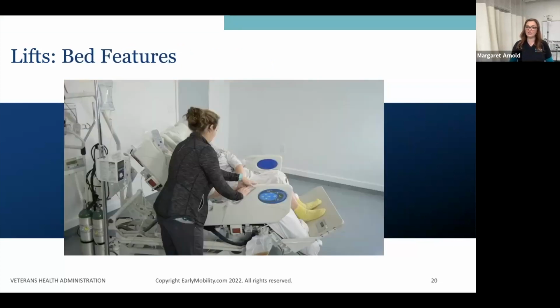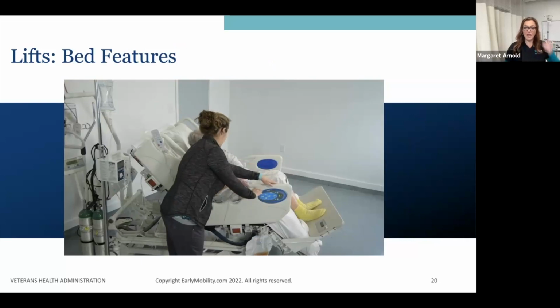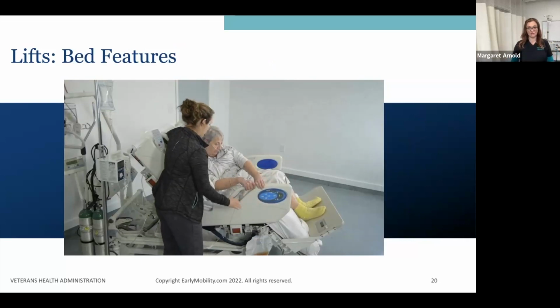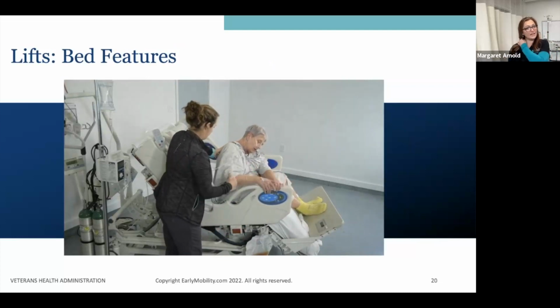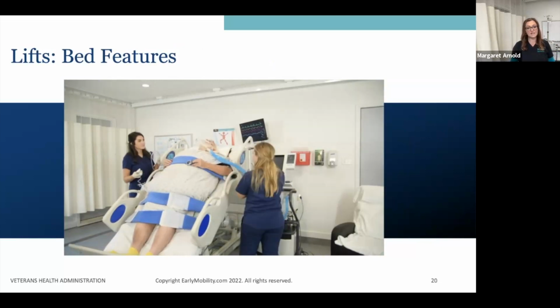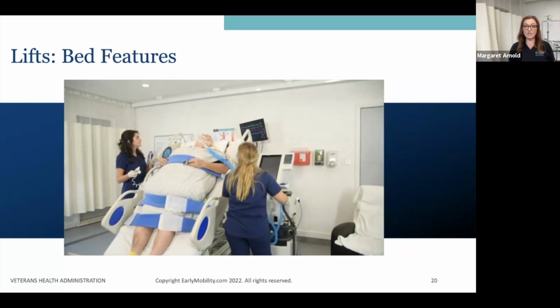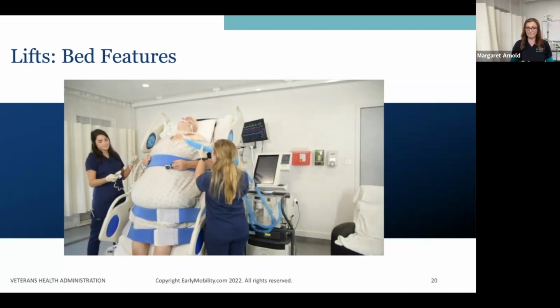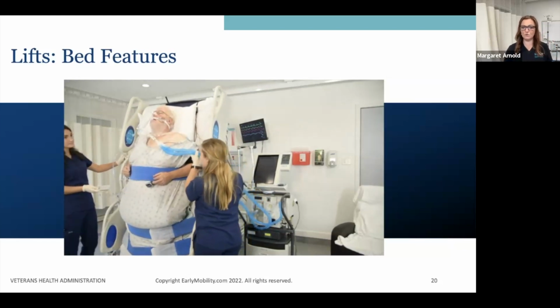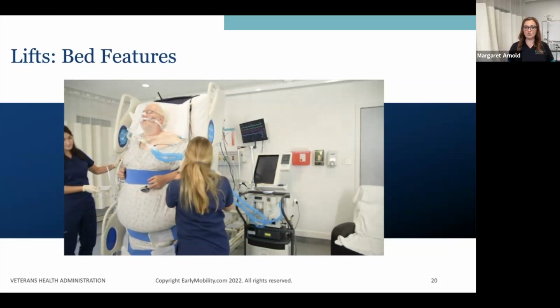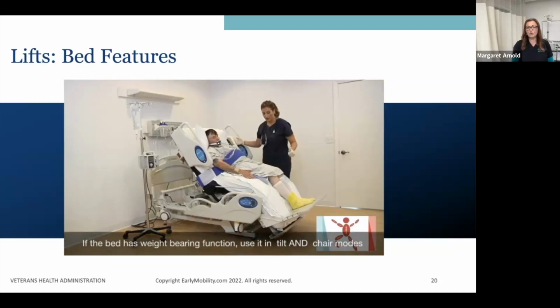There's also many features of the bed that you can use to mobilize the patient instead of lifting them. Many beds go into a chair position, and you'll see in this one, the caregiver is using the bed rail to help the patient pull themselves forward. Some of your beds have frames that will go into a partial tilt or a full up standing position. The key again is to know your bed features, know what your frames will do, because when you are using the features of the bed, you can get so much more from your patient.